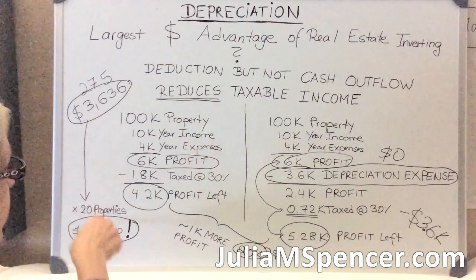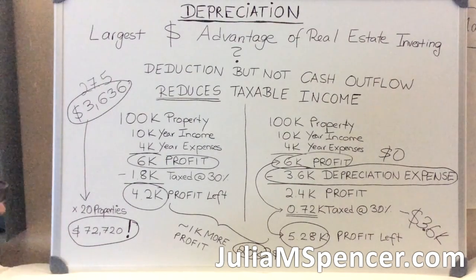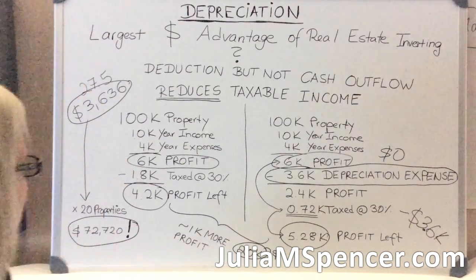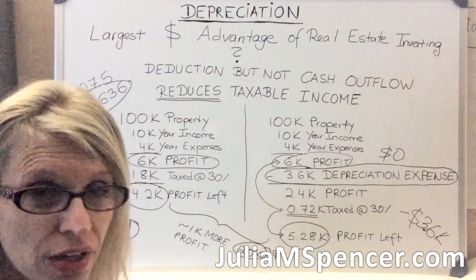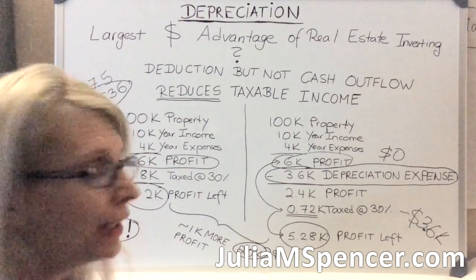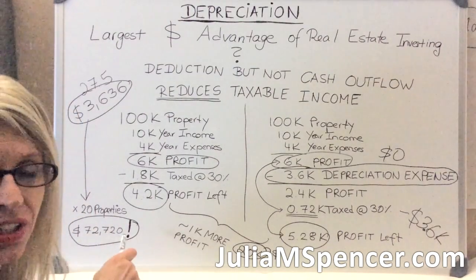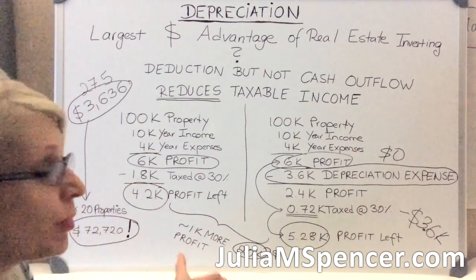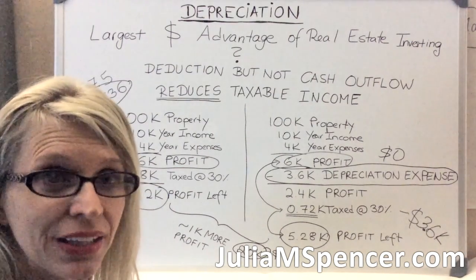If he had 20 properties, with this calculation on each one of them, on a tax return where he owed $72,000, he would use this amount and offset those $72,000 in expenses in this huge tax bill, and basically zero it out because he has all this depreciation expense. And the best thing is, no money goes out of his pocket. It's just properties that he's holding. They're breaking even. They're not costing him anything extra.